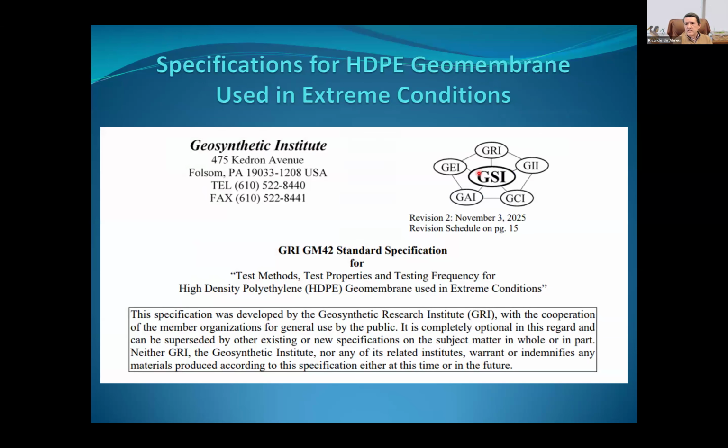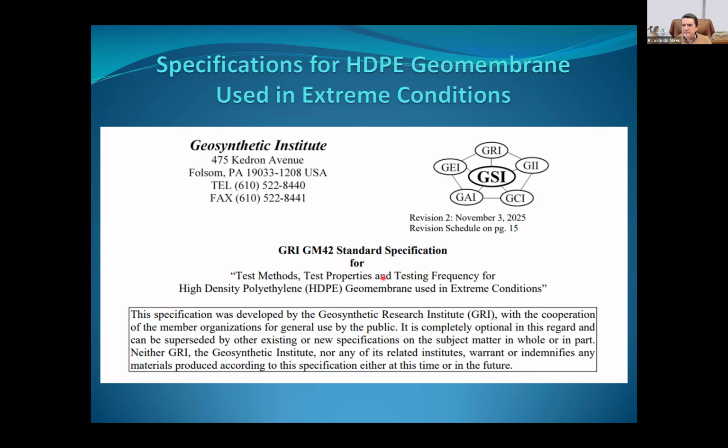So although it's a valid concern, now you also have a relatively new specification from the same Geosynthetic Institute, but this is for HDPE geomembranes used in extreme conditions, and I think it is a little more than 1 year old.